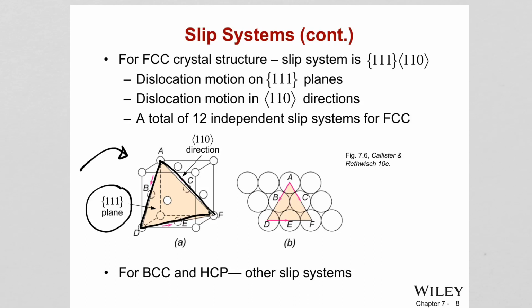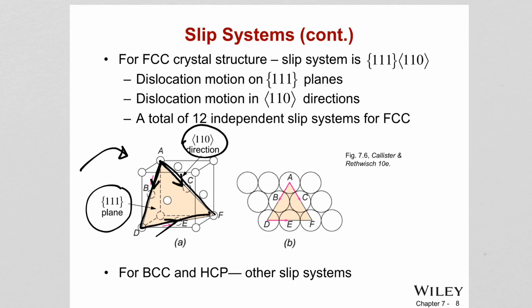and on that plane, which direction has the highest linear density? Okay, and we figured out that it is the 110 direction. And be careful of the brackets. This is showing us that on this plane, slip will happen on those most densely packed directions.